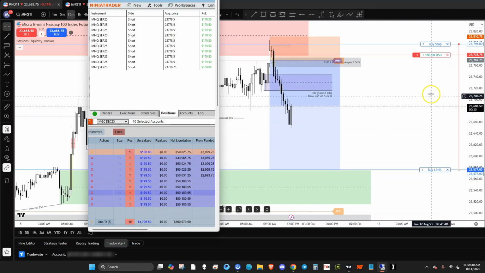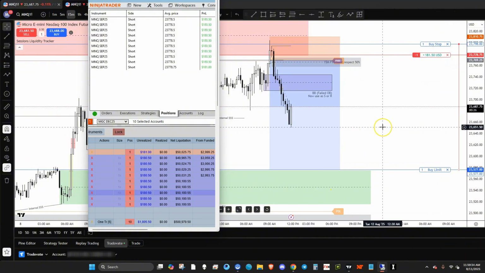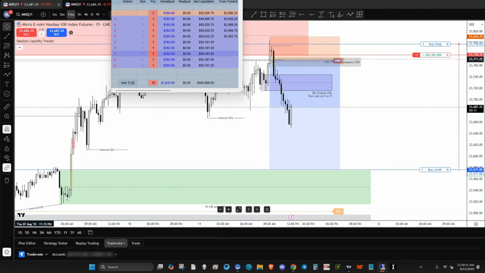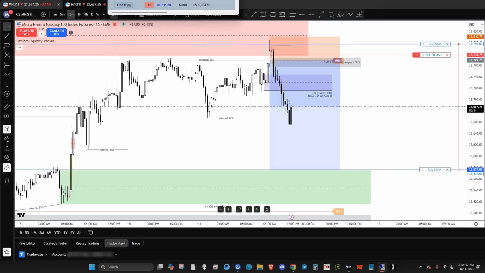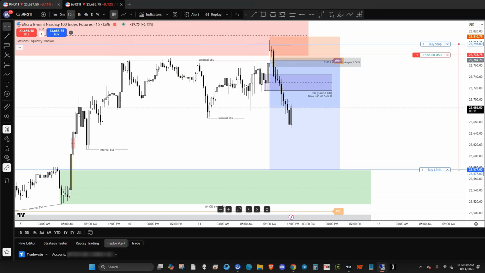I want to close exactly at 200, so we're just gonna wait like 30 seconds or whatever, see what we got. But at this point the market is really not gonna do anything anymore, so there's really no point of holding this trade. So I'm gonna move this over here, out of the window, and we're just gonna close it at whatever profit we get. Just be happy with it.